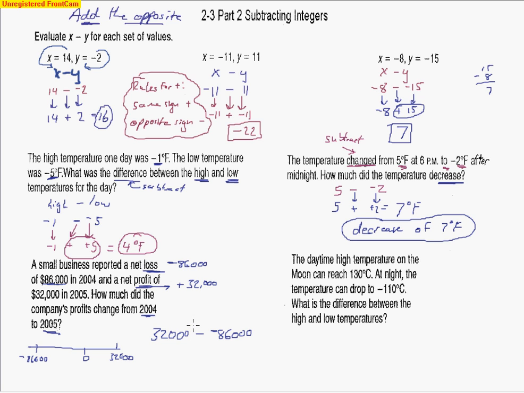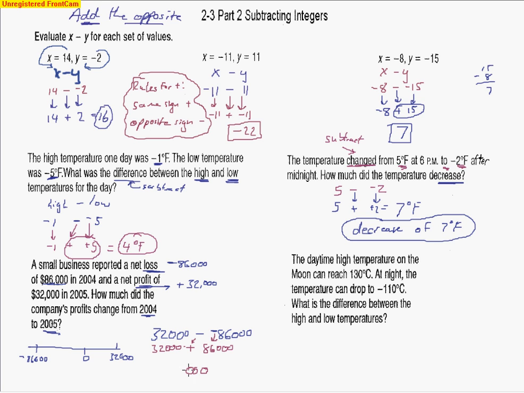So I'm going to start this way: 32,000 minus negative 86,000. I bring this first number down, the 32,000. Subtraction is going to change to addition, and the next number is going to change to its opposite, 86,000. And so I end up having to add these two numbers together.